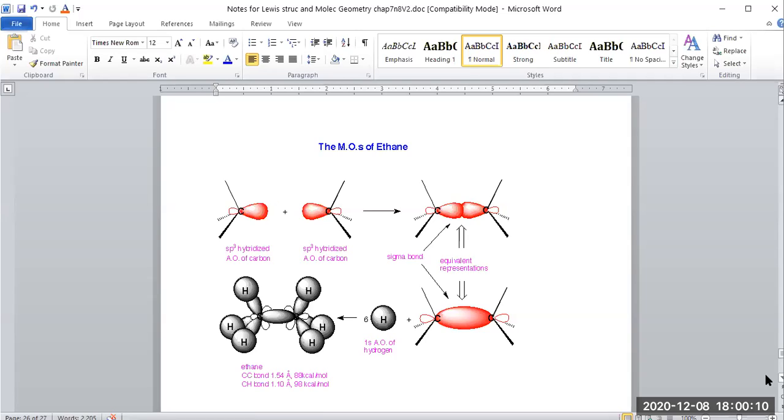You've got two carbons, each is sp3 hybridized, and you snuggle them up close and you get a little overlap, so that the blunt ends of the two balloons start overlapping, merging. And you get one giant oval blob that represents the electron density, the electron cloud that is between the two carbons.